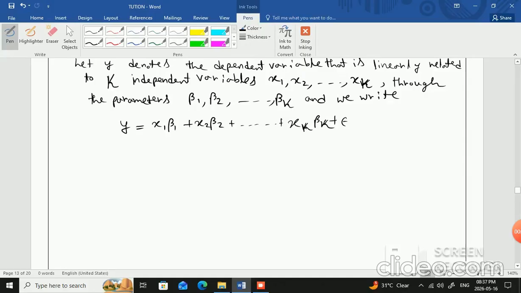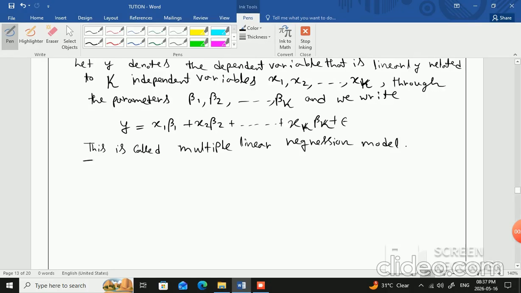This is called the multiple linear regression model, where y is the dependent variable and x1, x2, xk are the independent variables, and beta 1, beta 2, beta k are the parameters, k parameters.